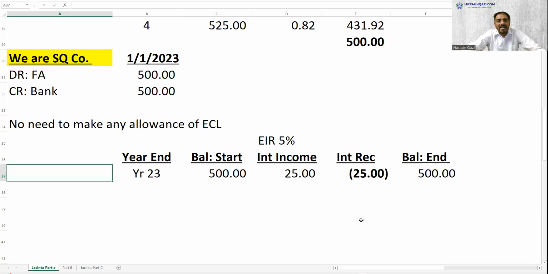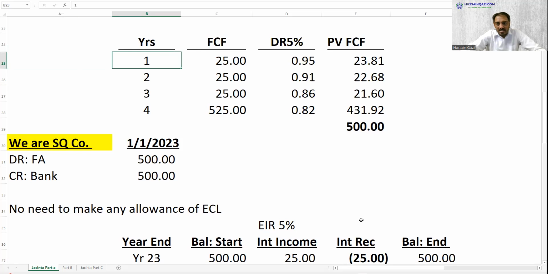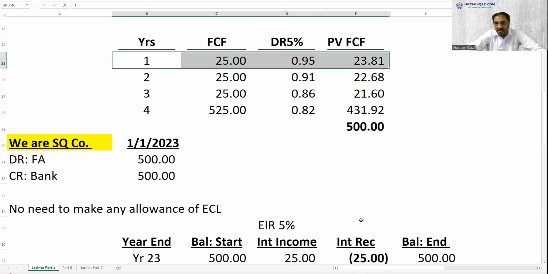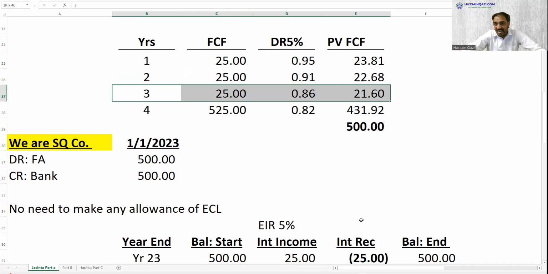For example, let's suppose total time period 4 years, but after 2 years, it may be possible that there will be another newspaper announcement where the CEO of the company mentions that now our position has become stable.